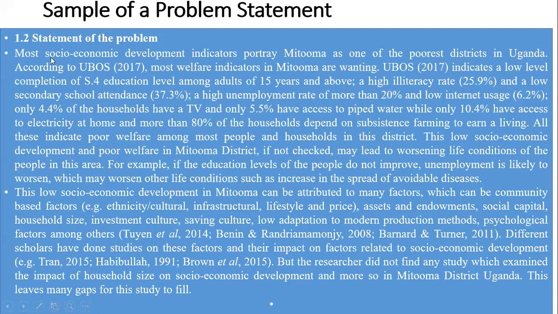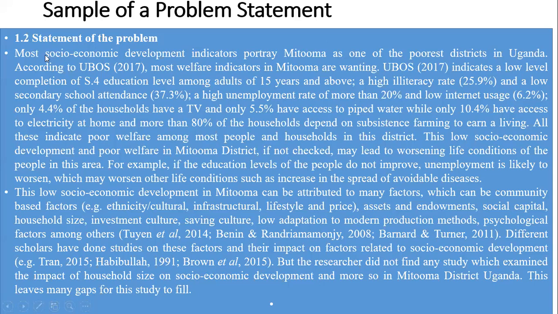The title for this study was, sorry, Household Size and Socio-economic Development in Mitoma Sub-county, Mitoma District, Western Uganda. The DV in this study was socio-economic development, and the IV was household size.